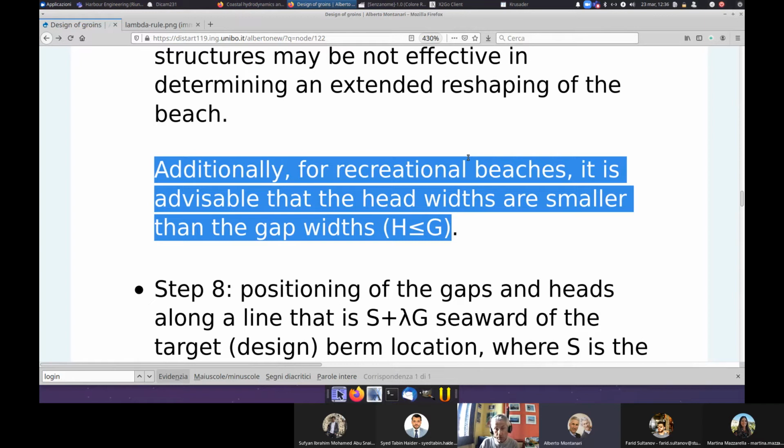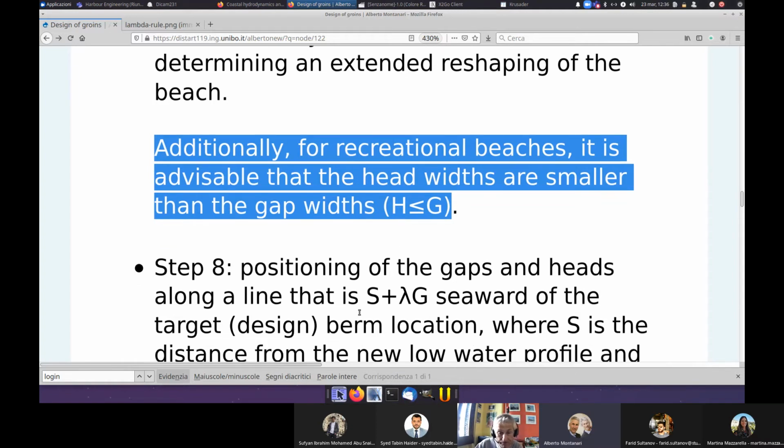So H should be lower than G, because otherwise the risk is that you create a sequence of closed environments, which is not really good, because the quality of water may be affected by this. You don't have to create a sequence of closed pools, because you have a deterioration of the quality of water and also the ecosystem in general, and also the visual aesthetic.